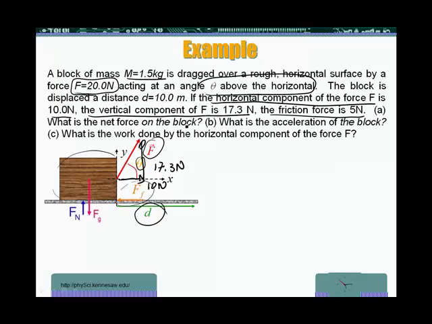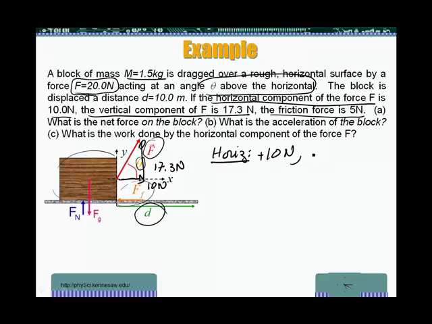Okay, when they ask us about the net force, that's the unbalanced force. So now what do we have? We have forces along the vertical and forces along the horizontal. Now, the forces that are along the horizontal, they are the 10 Newton in the forward direction, so it's plus 10 newtons.